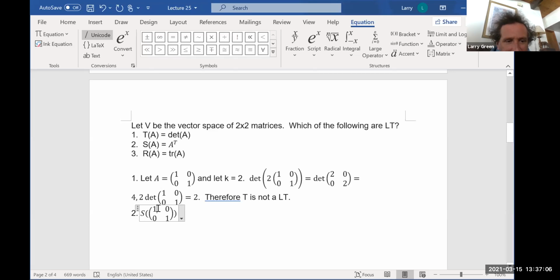So now a general matrix is A, B, C, D. Hopefully you all agree that covers all 2 by 2 matrices. And then plus, the next general matrix, just alphabetically, E, F, G, H.